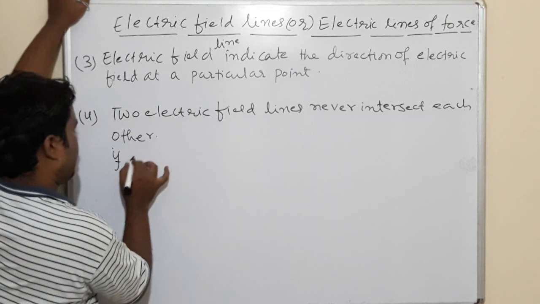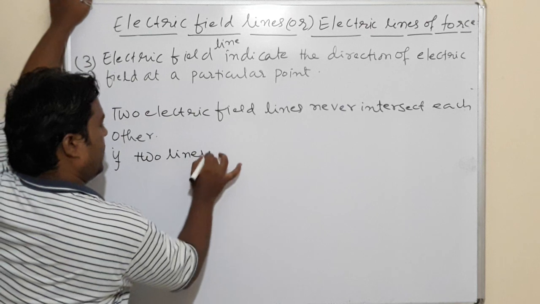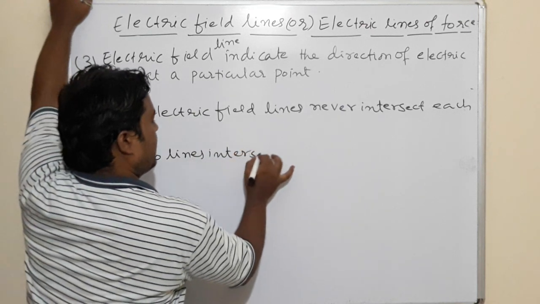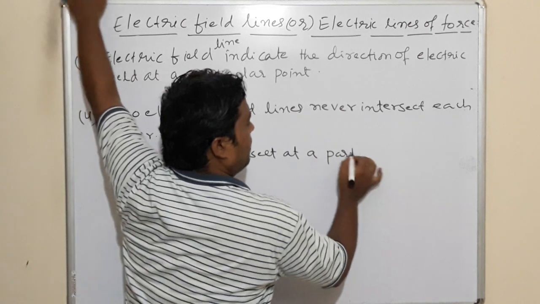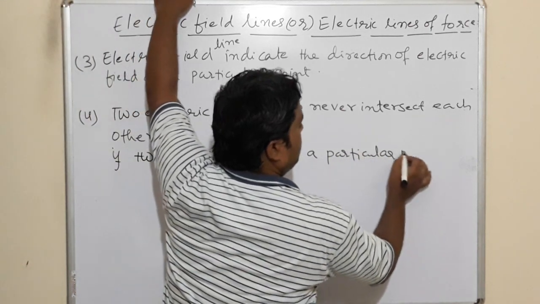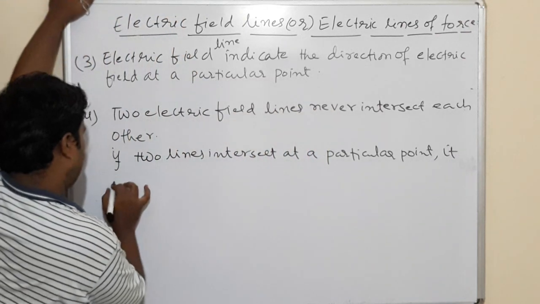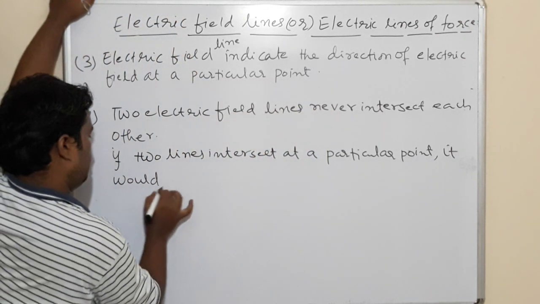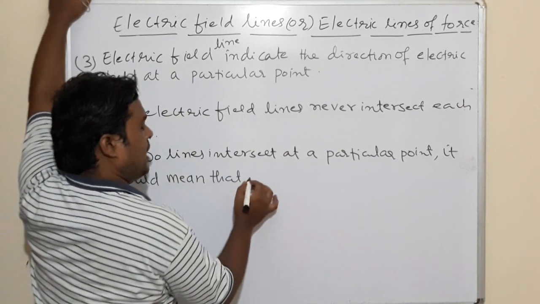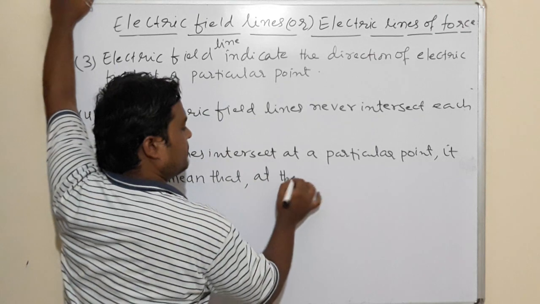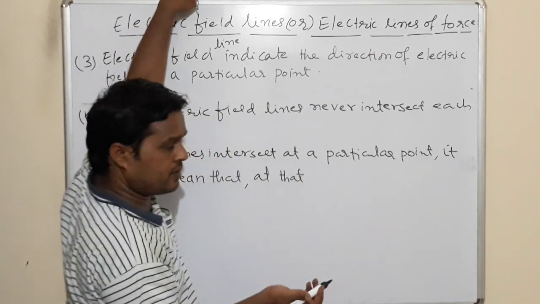If two lines intersect at a particular point, it would mean that at that point you can draw two tangents.